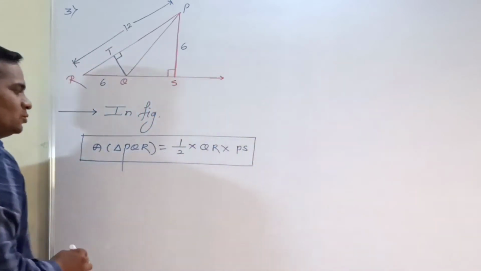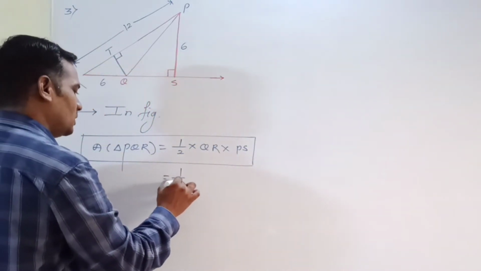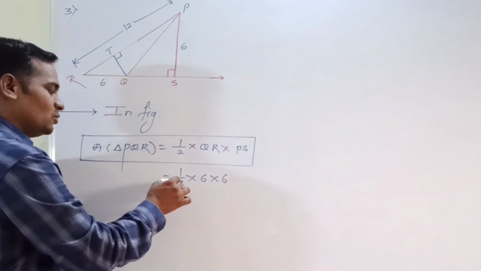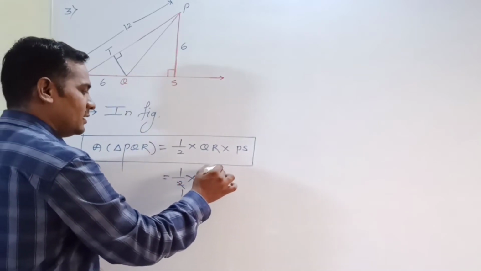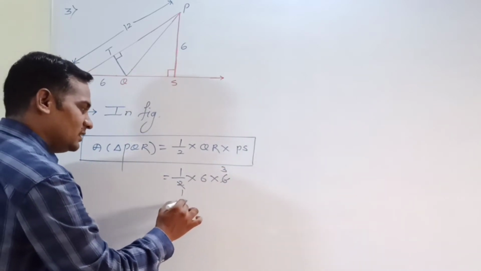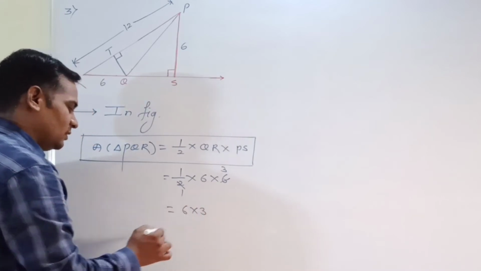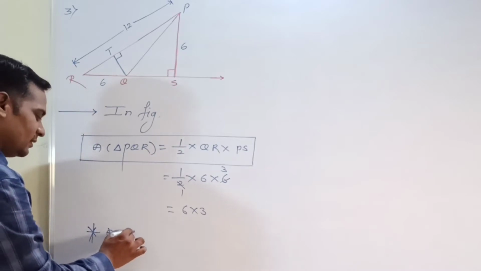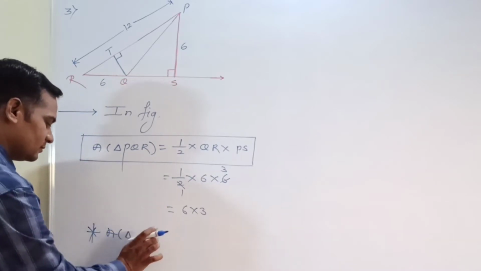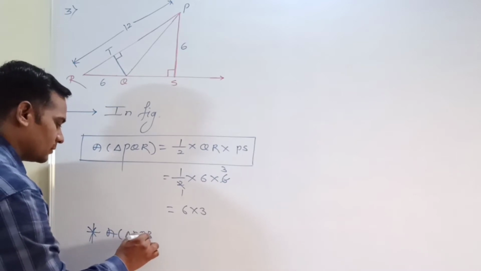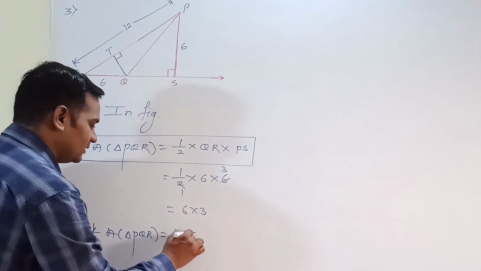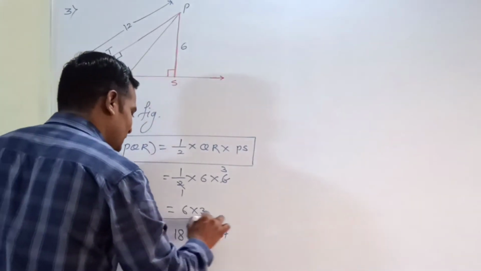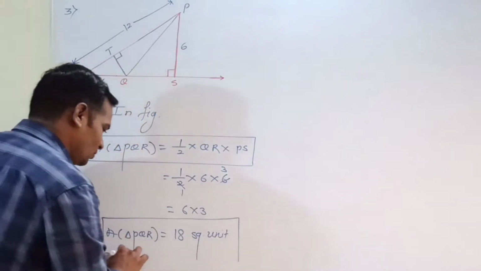So let's put down the values. 1 upon 2 as it is, QR is 6 into 6, height is also 6. So 2 ones are 2, 2 threes are 6. The remaining is 6 into 3. So the final answer: area of triangle PQR is equal to 18 square units. Mind well, the unit is not given, that's why we have to write square units.